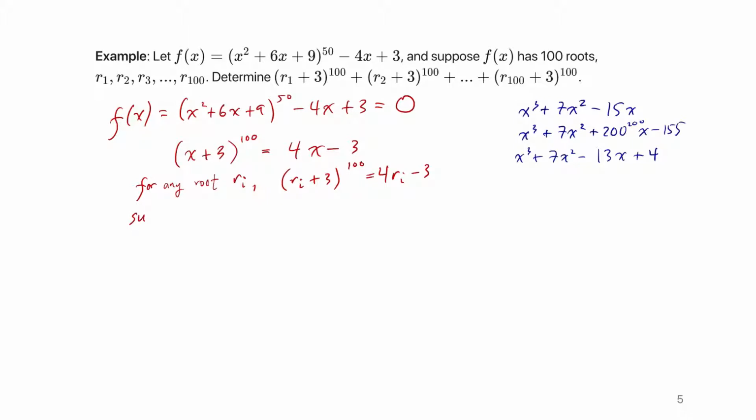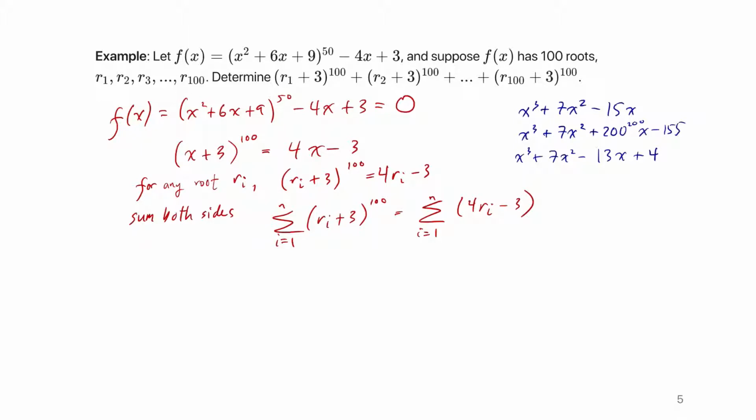So sum both sides. The sum, i goes from 1 to n, of (Ri + 3)^100 is the sum, i goes from 1 to n, of 4Ri − 3.